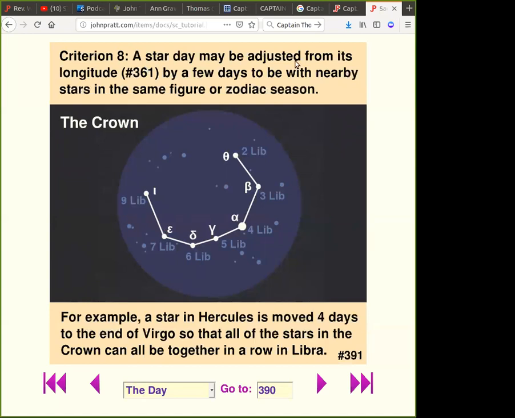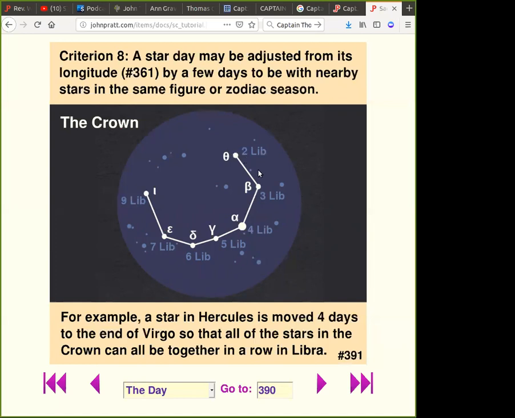So a star day may be adjusted from its longitude by a few days to be with nearby stars in the same figure. So here is the figure of the crown. And star 1, Libra, is a holy day. It's in the balance. Libra is the balance, but you can have star 2, 3, 4, 5, 6, 7, and then star 8 is in Libra, is another holy day, and it jumps to 9.